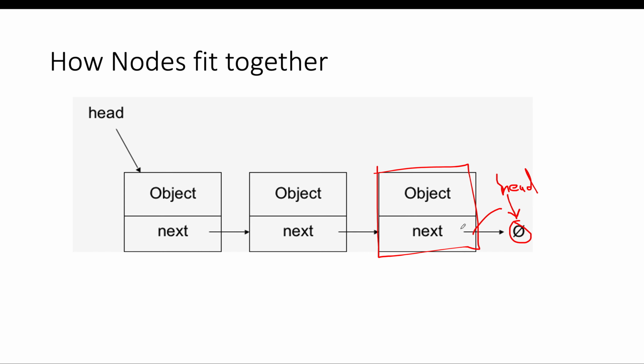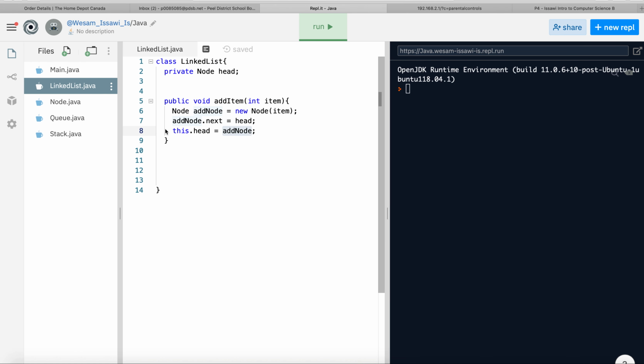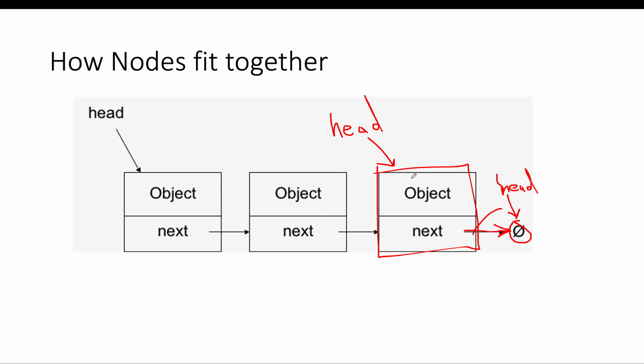Right? So we said next points to this. And then we said head. Head now points to that. That's my third line over here. This dot head equals to whatever this add node is. This was the add node, right? And then this head no longer points to null.